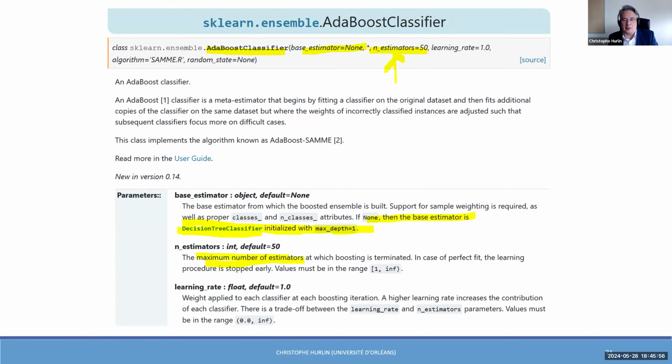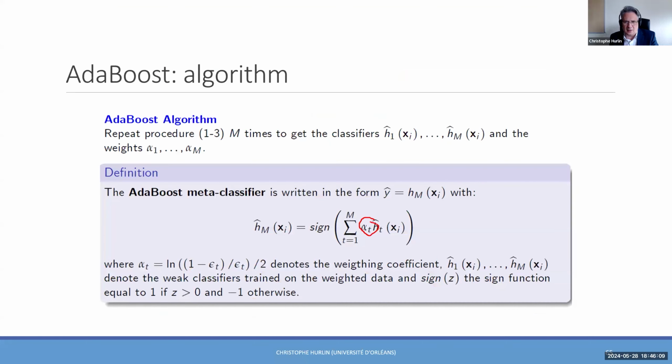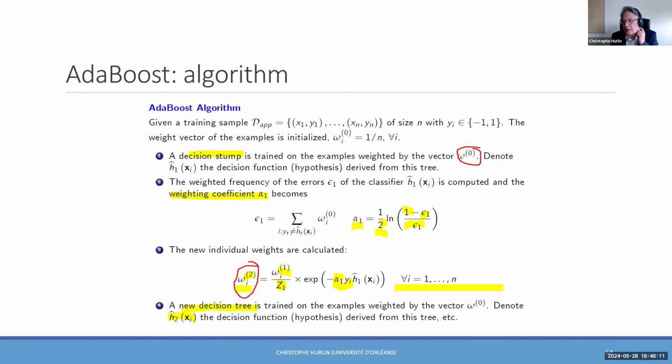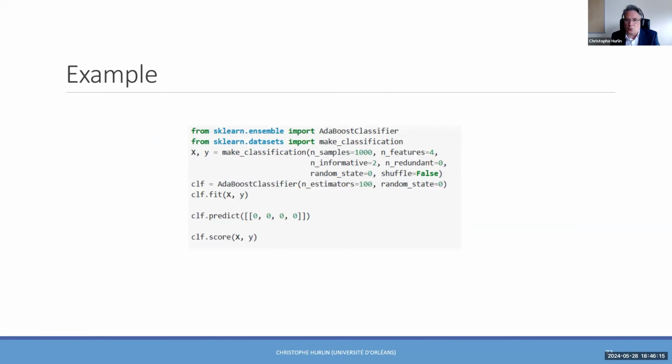So the learning rate is something, okay, it's difficult for me to explain in a few minutes what the learning rate is in this case, because there is no learning rate in my slide. So it's very easy.